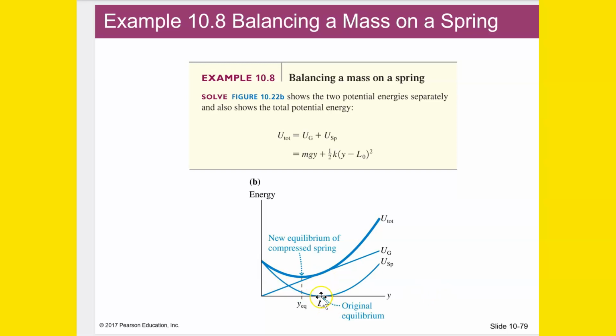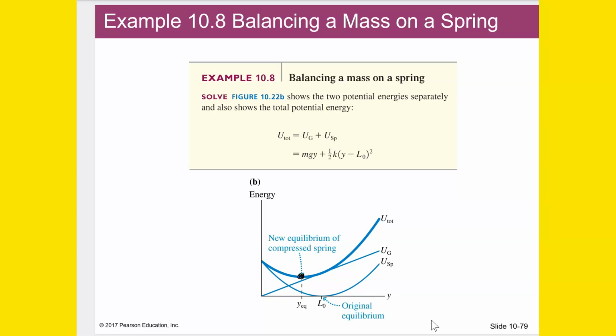Here is where that is when the block is before it compresses the spring, when the length of the spring is at L naught. As the spring is compressed, the potential energy due to the spring is increasing, but the potential energy due to gravity is decreasing. And so it ends up here.